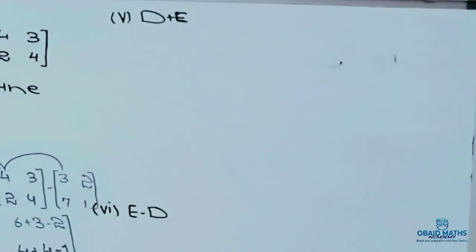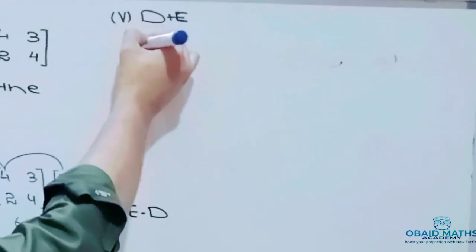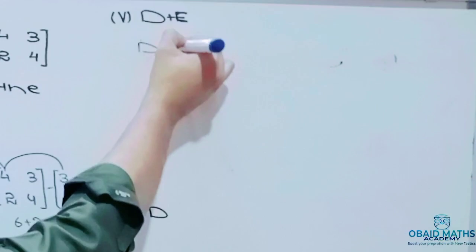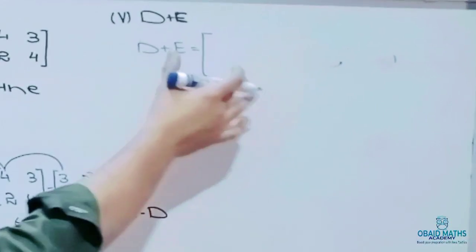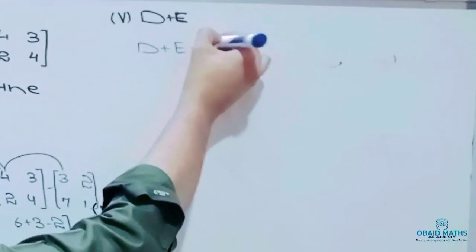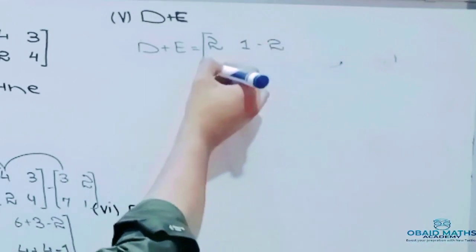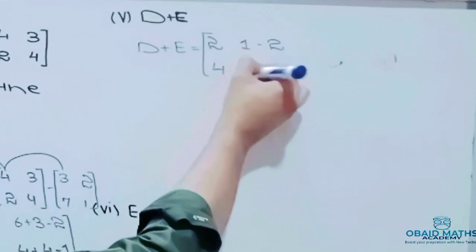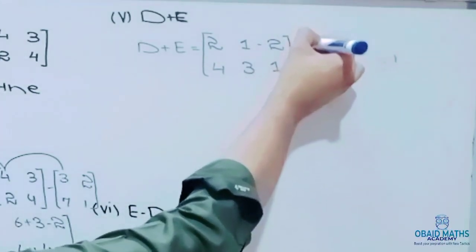Now moving to the next part. In this part we have D plus E. In this form we write the D matrix first and then matrix E. Both matrices are rectangular, which is why the solution is possible. So D is 2, 1, minus 2, 4, 3, 1, matrix close, positive sign.